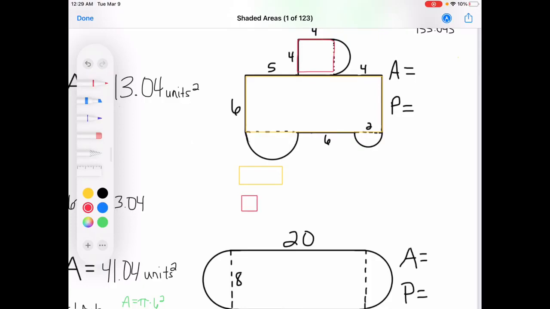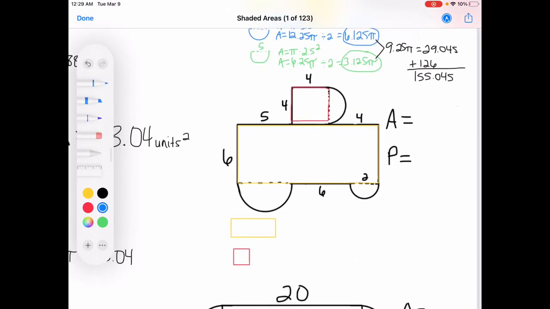And then I have 3 semicircles. So here is 1. And then I have another one that is smaller. And then I have one that looks to be a little bit larger.